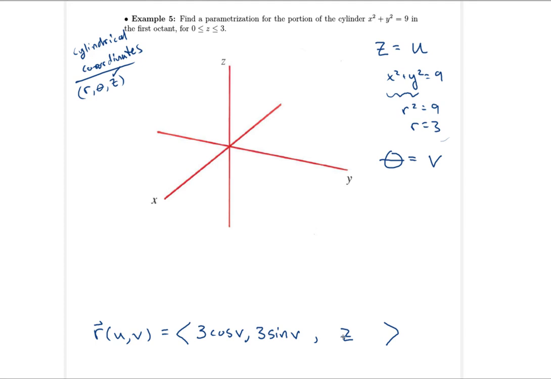Now, in order to create this thing, remember what we're looking for here. We're looking for z to go between 0 and 3. But then we're also looking for the circle x squared plus y squared equals 9, which is a circle of radius 3.